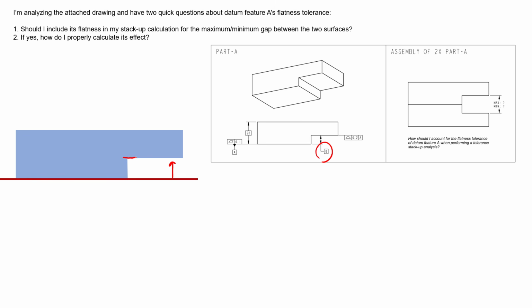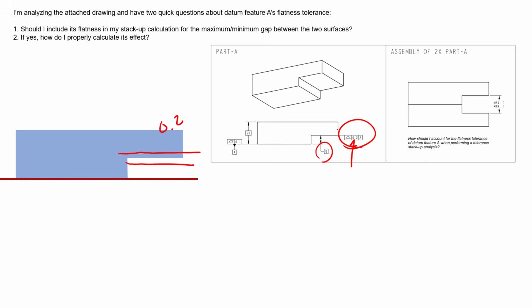So we have a true profile that is parallel and located by 8 millimeters from datum A. We center our zone at this location, and the width of that zone is this value right here, 0.2 millimeters. So we know that this surface has to be inside of this zone, because we have to control the form as well as the orientation and the location vertically up and down. All three of those things are being accomplished by this one callout here.